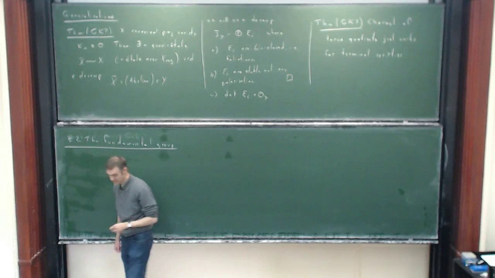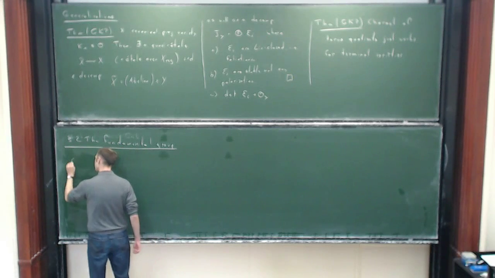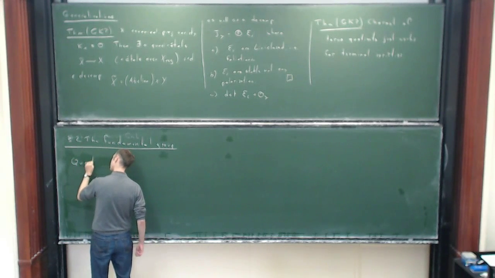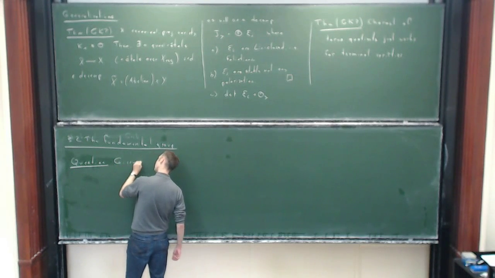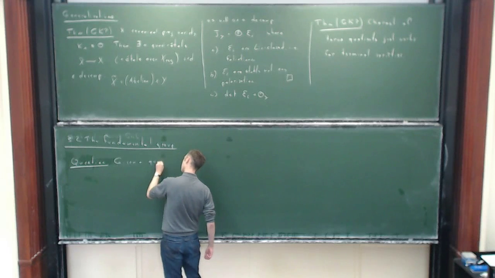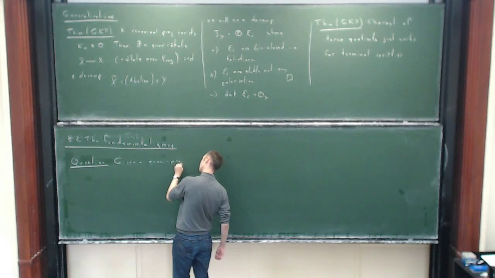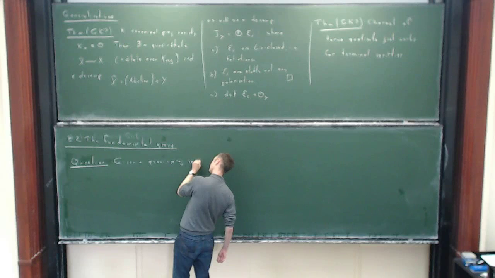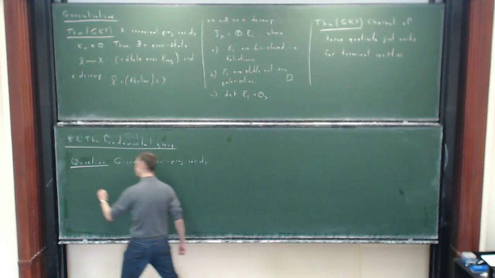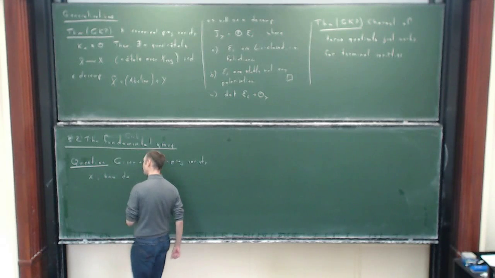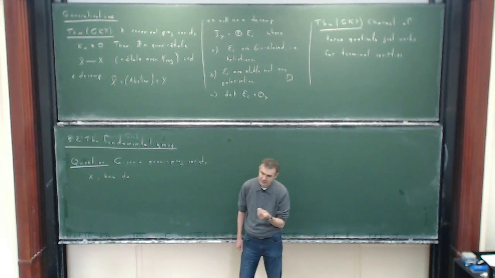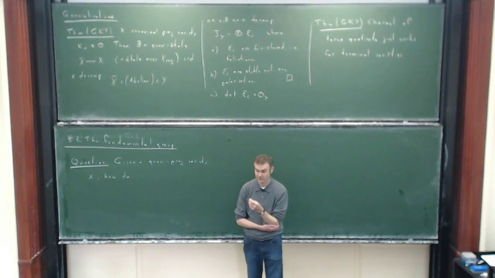And essentially the question is this. Given a quasi-projective variety X, how does the fundamental group of X compare to the fundamental group of the smooth locus?